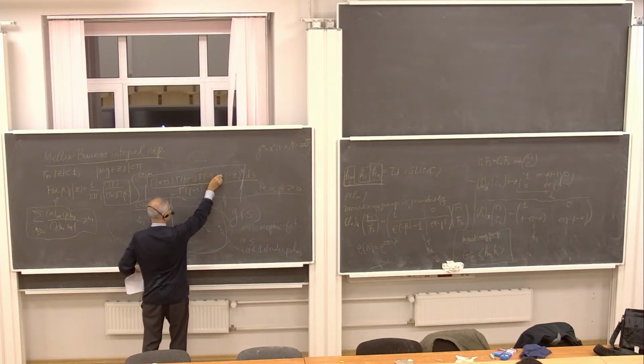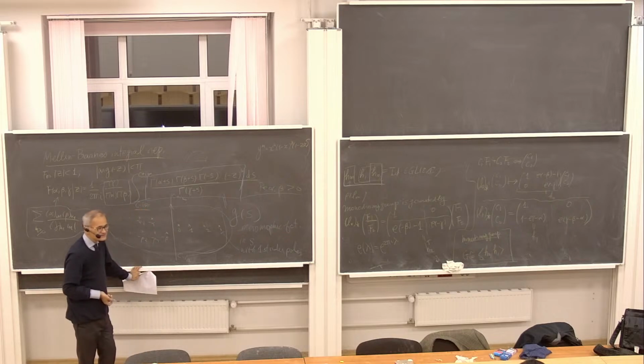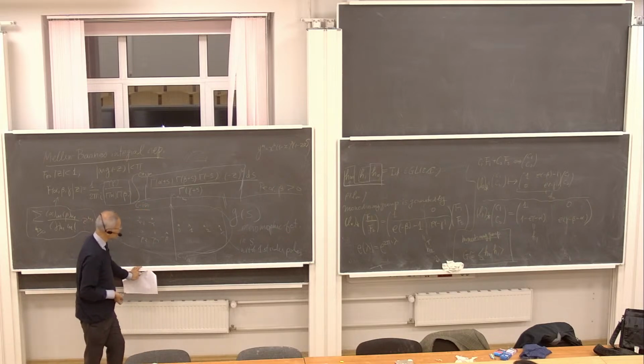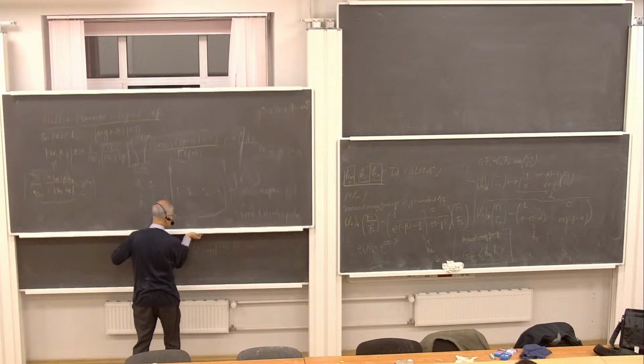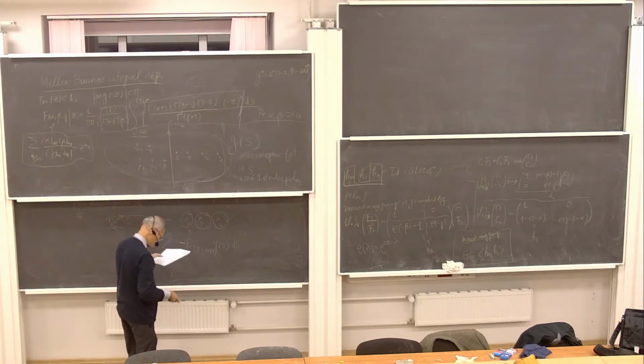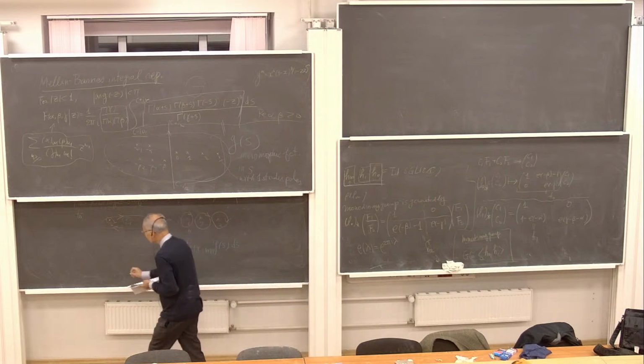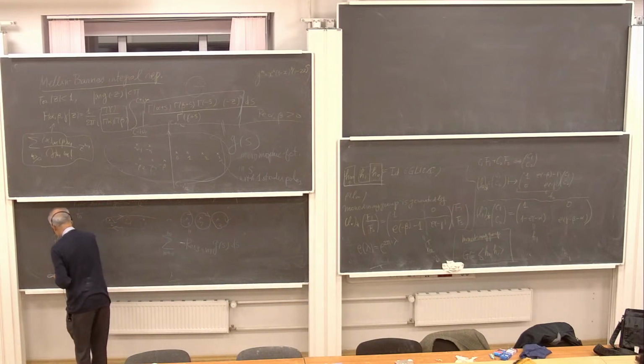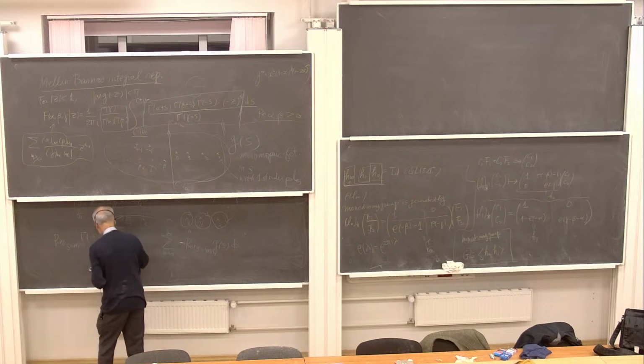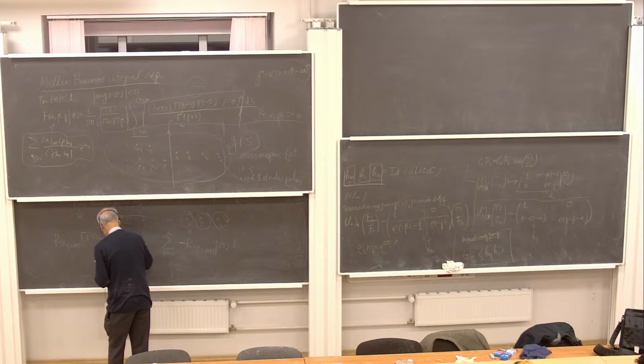The residue of gamma(-s) at s equals m is minus 1 to the power m plus 1 over m factorial.